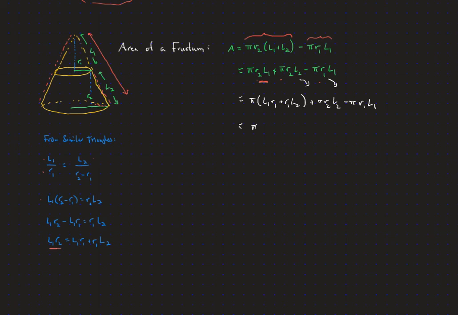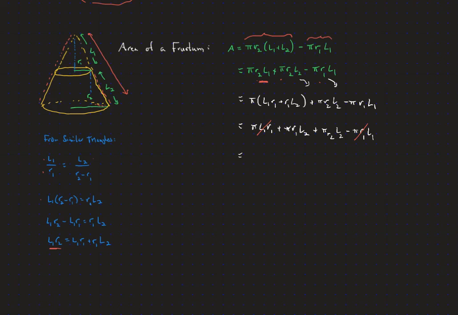So we've got pi L1 R1 plus pi R1 L2 plus pi R2 L2 minus pi R1 L1. So let's see, the minus pi R1 L1 and the plus pi R1 L1 will cancel.